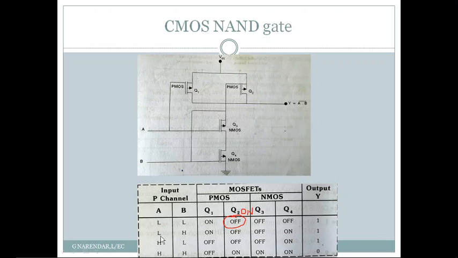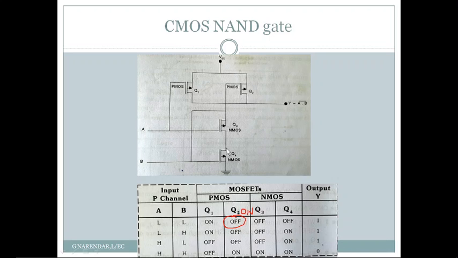Similarly, when A is low, we'll go to the second case. When A is low and B is high, so when A is low, Q1 is on and Q3 is off since it is NMOS. And when B is high, PMOS Q2 is off since it is a high gate signal, and Q4 is on since it is a high gate signal and this is an N MOSFET.